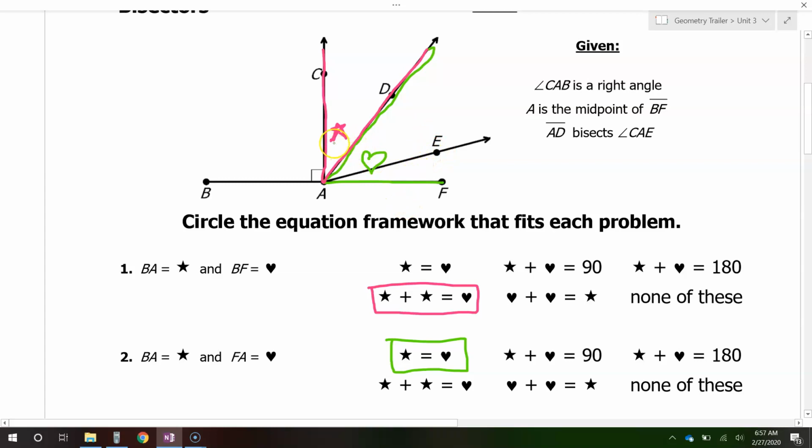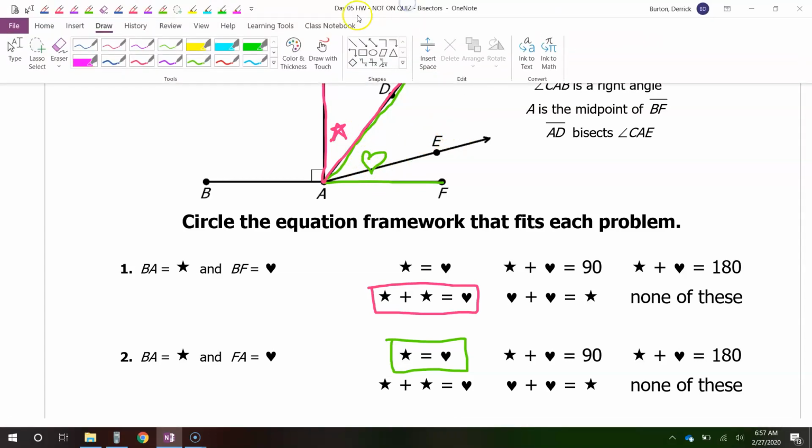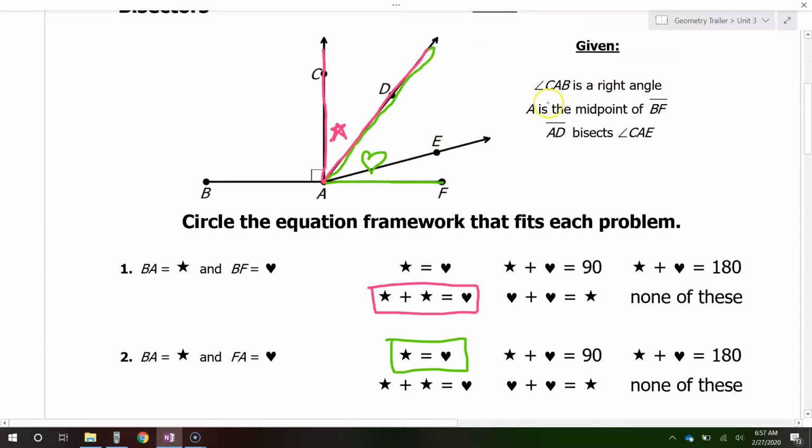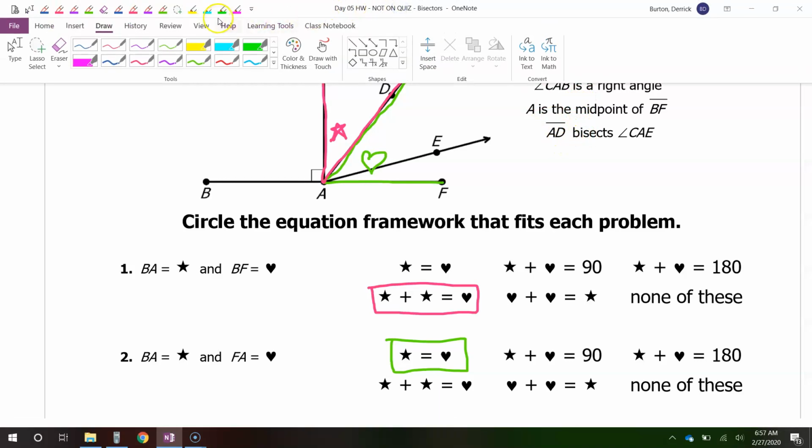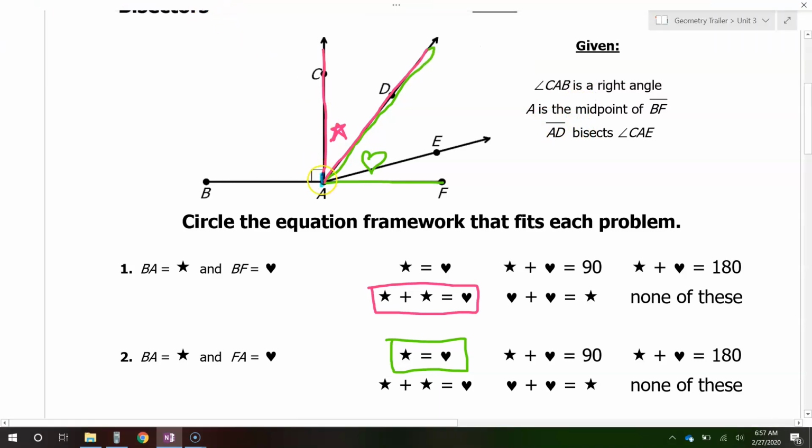These will not be equal to each other because remember that AD is the bisector. But the angle it's cutting in half is angle CAE. CAE is right here. So these two parts are equal.